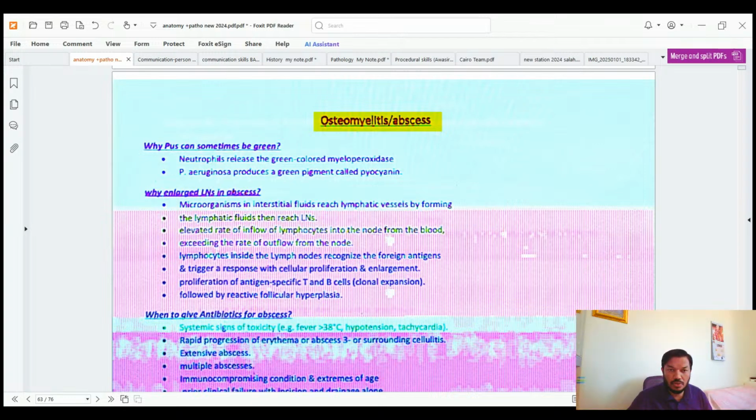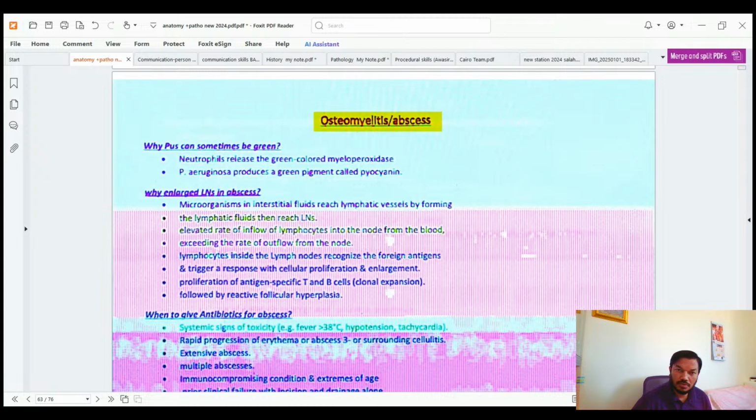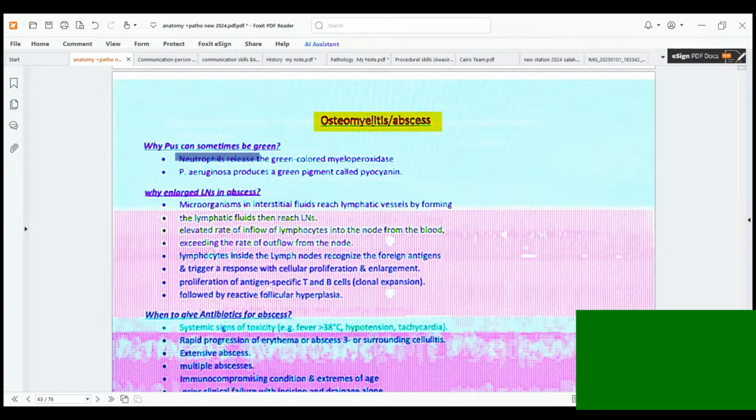Pseudomonas aeruginosa produces a green pigment. Neutrophils release the green colored myeloperoxidase.